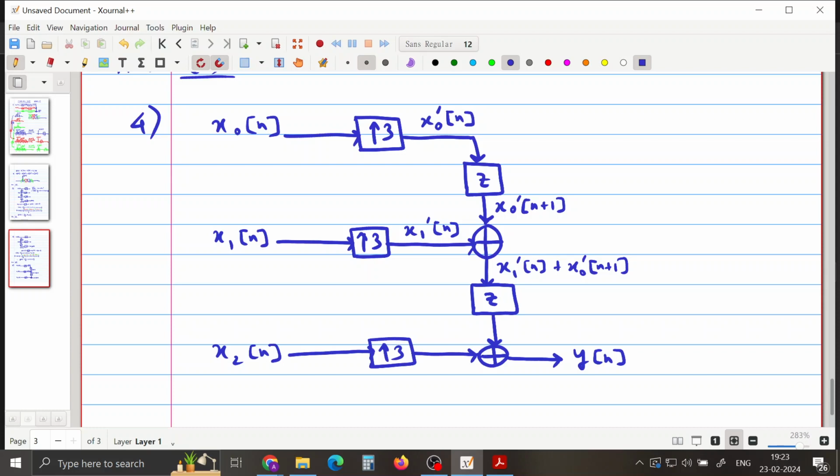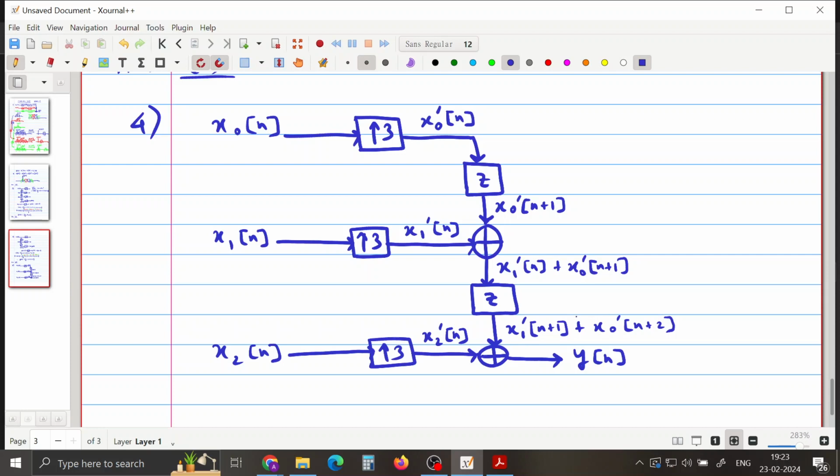Now this whole thing further passes through another advance block of 1 unit. So basically you replace n by n plus 1 everywhere. This gives you this sequence. And for the third branch, I'll use the same notation, x2 prime of n. Now y of n is the sum of these two final sequences.